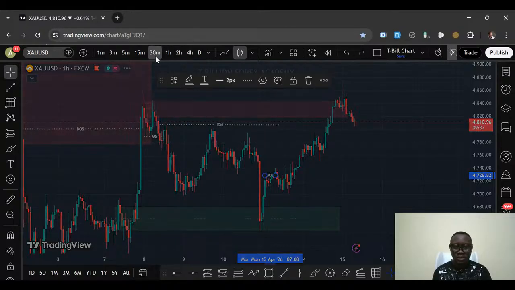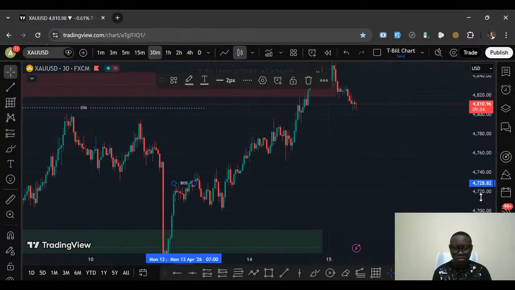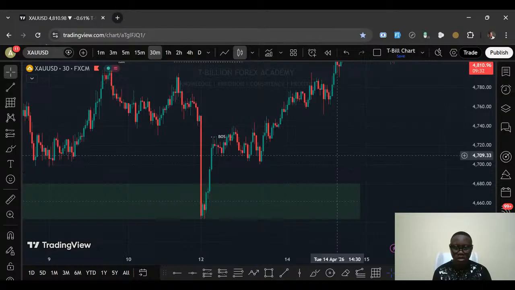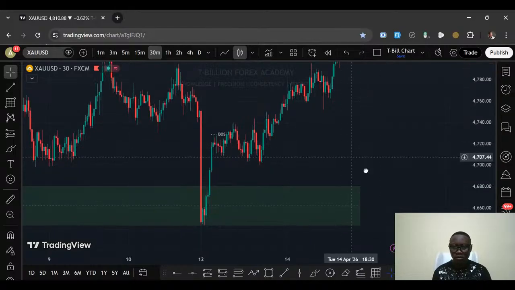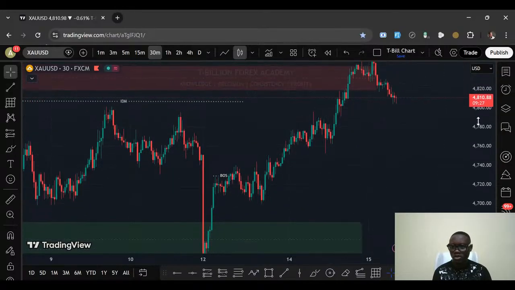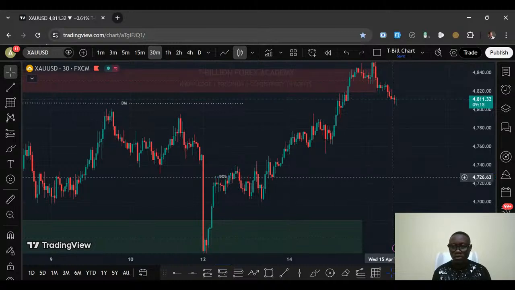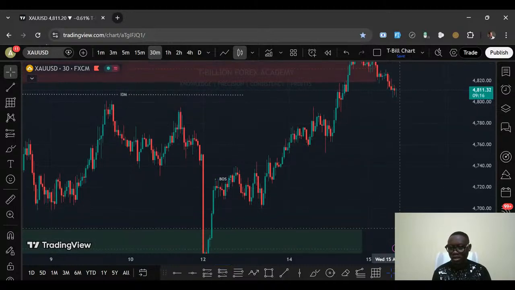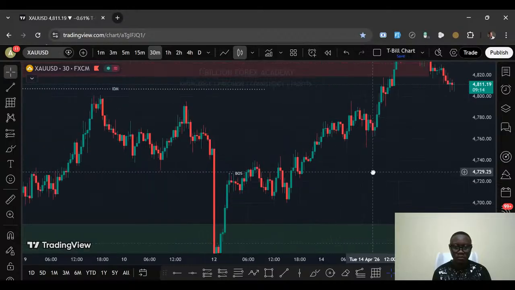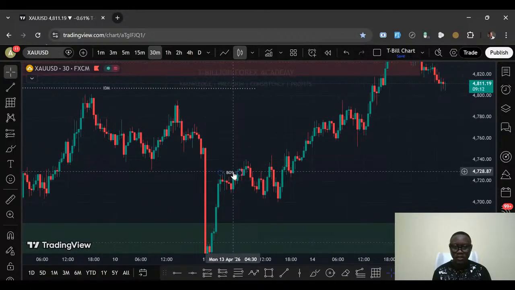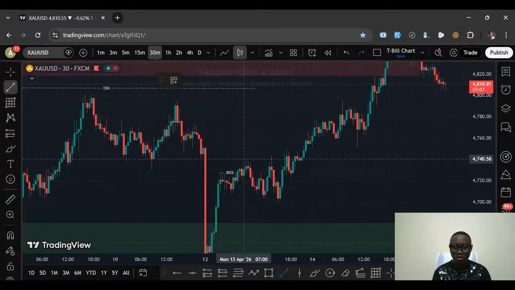If you drill down to 30 minutes, the structure is even more clear on the 30-minute time frame. Sometimes if the structure is not very clear on 1H, of course, you can drill down to 30 minutes to have a clearer view of the market structure. Okay. So we have a break of structure right here, and we also have a break of structure right here, viewers.